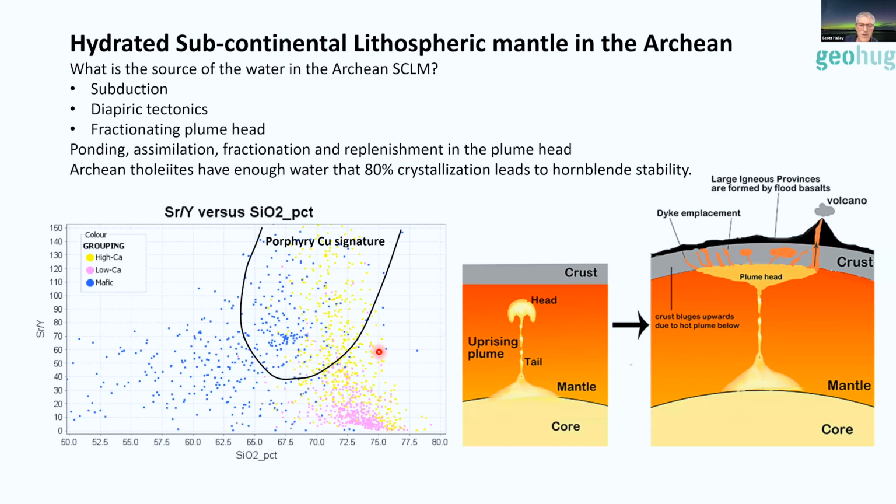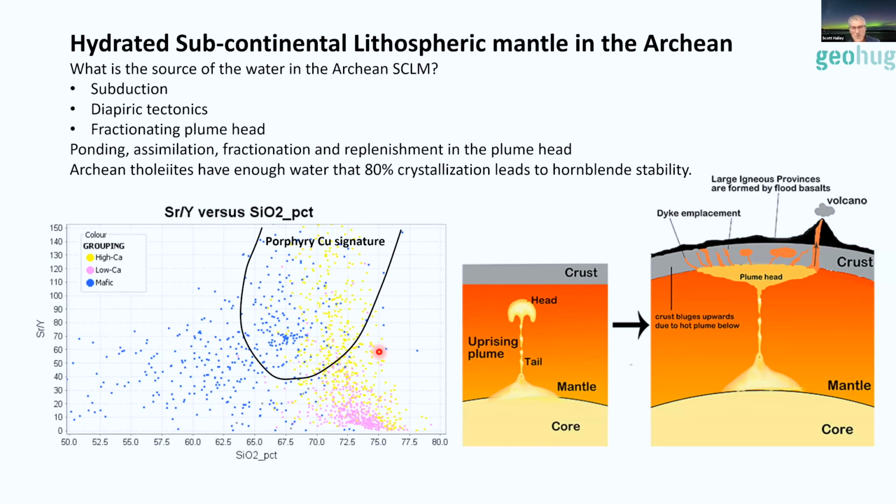And one last point I want to make here. Why is it that we get so many of these high strontium over yttrium magmas in the Archaean? There's lots of people who say that high strontium yttrium magma, hornblende diorite, is evidence of subduction in the Archaean.